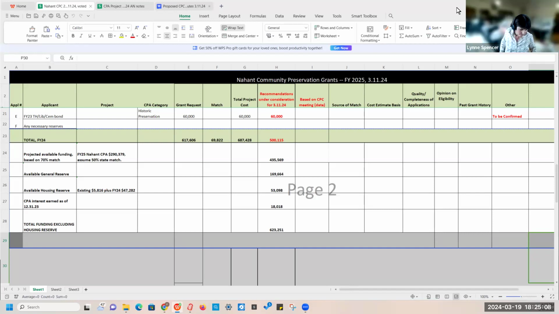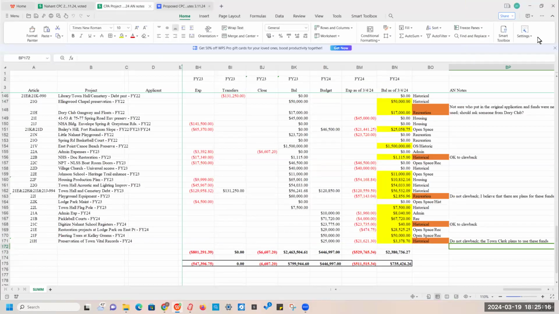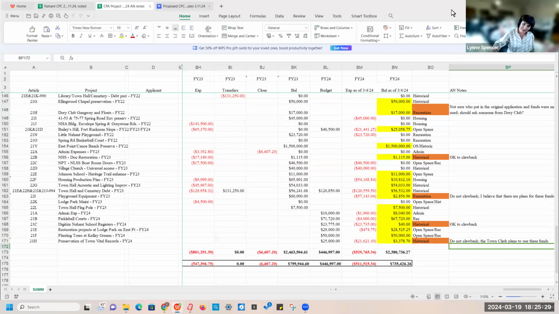Lynn, I just have one question. I may just not be remembering, but do we also have to set aside 10% for preservation? You know, Austin, I had this bad moment yesterday when I was working on this where I thought, oh, there was no historic preservation ask this year, but we do have 3 bonds that are preservation related.